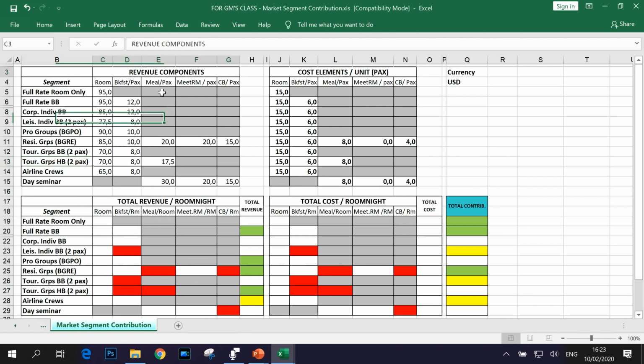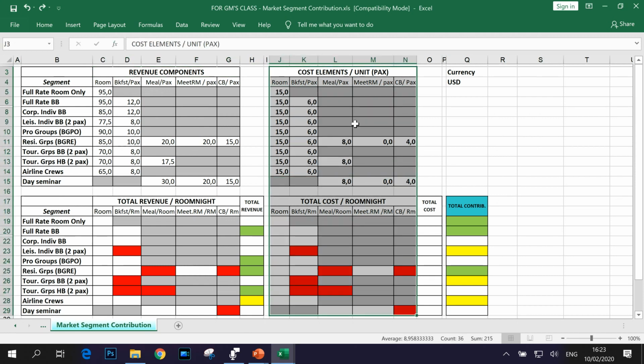Now we have a revenue side here, and then we have another side for cost. The upper side is for per pax, and below we are talking about revenue and cost per room night sold.